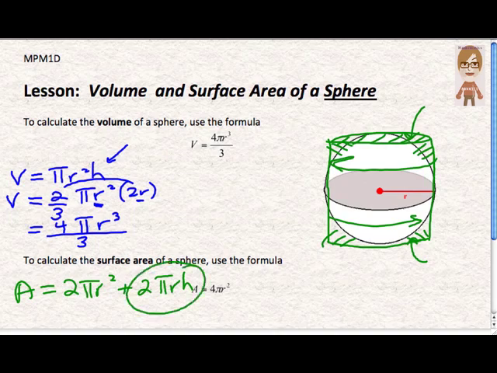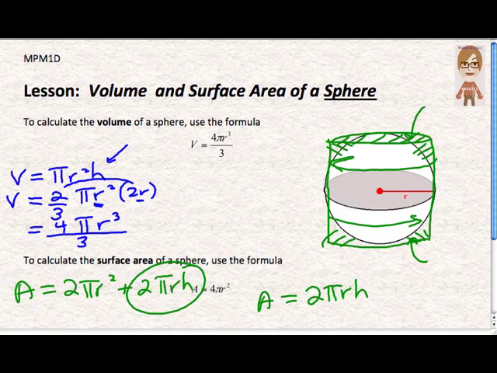The second part of the surface area of a cylinder helps us find the surface area of a sphere. So for our sphere, we're just going to use 2 pi r h. And that is the same, if we squish it all down on the sphere, that is the same as the surface area of the sphere.